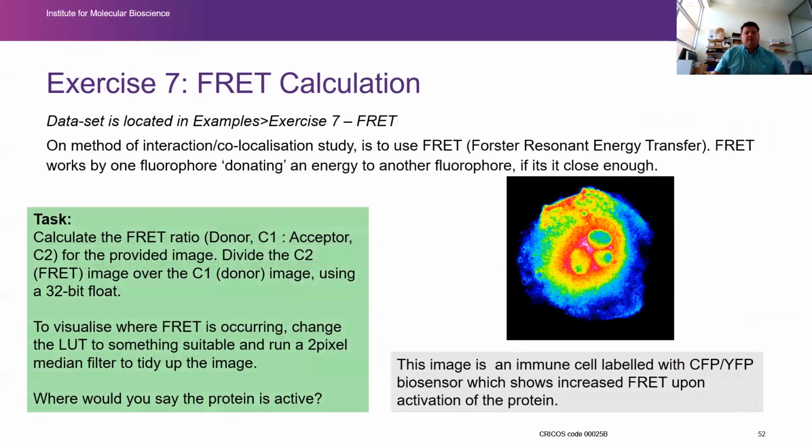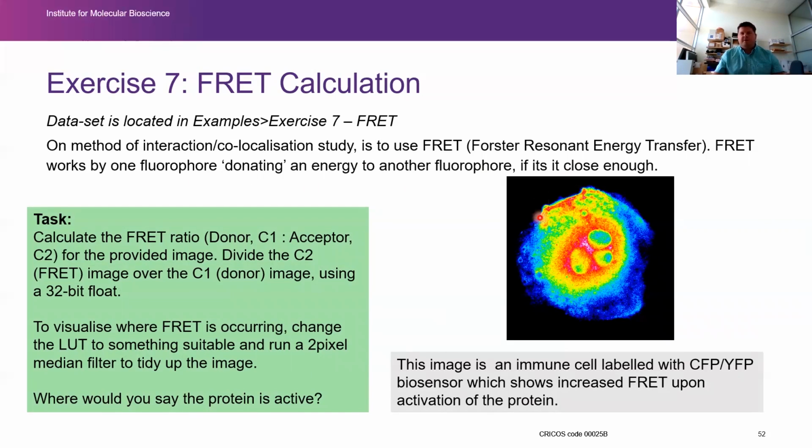Okay, so this is the last example exercise: we are going to do a FRET calculation. You have this multi-channel image, and we're going to use FRET to see where FRET is occurring.